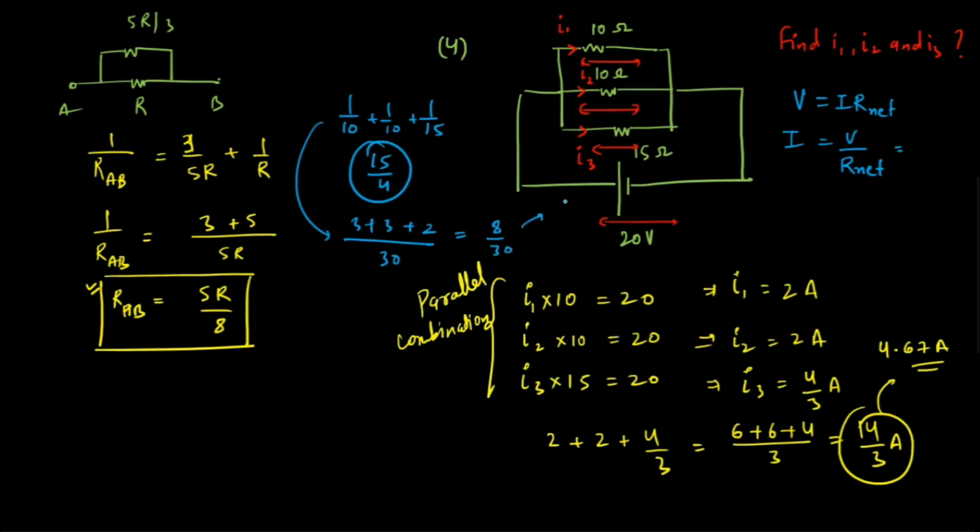That is 30 over 8 is R net because we have to reciprocate it. Okay, 15 over 4, that is going to be the answer.